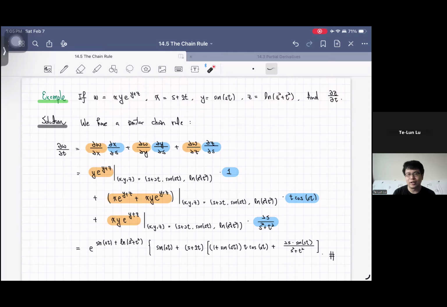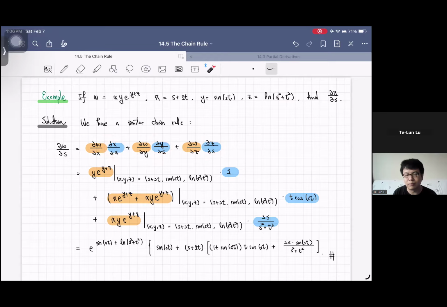So according to the chain rule, in this case the 3-dimensional chain rule, you have w with respect to x first, w with respect to y, with respect to z, and then you have the corresponding, oh, wait, I'm differentiating with respect to s, so let me change it to s, sorry. Should write t. Okay, so we have x to s, y to s, and z to s.